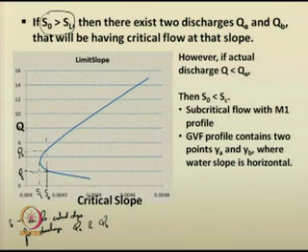So, from this profile you can see that S0 at this location, for a magnitude of almost 2, QA is equal to 2 meter cube per second from this particular graph.